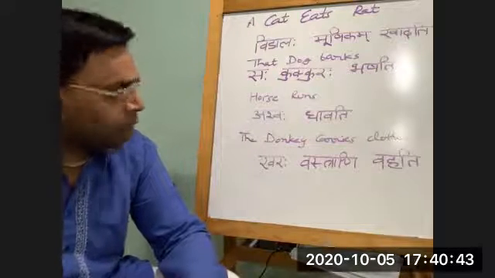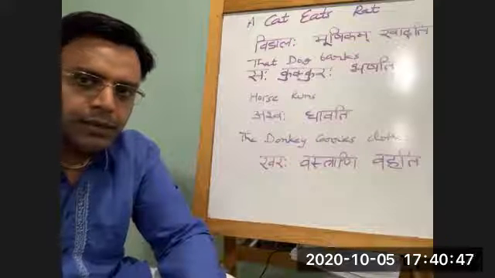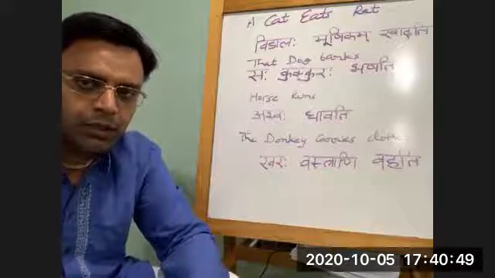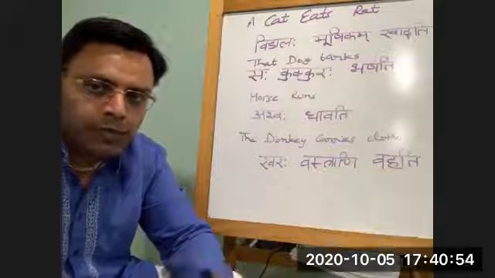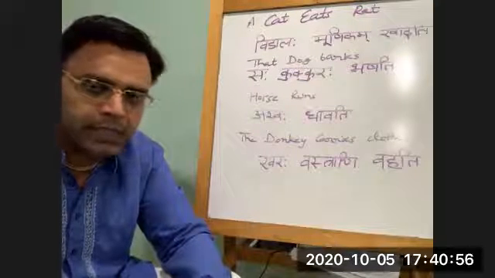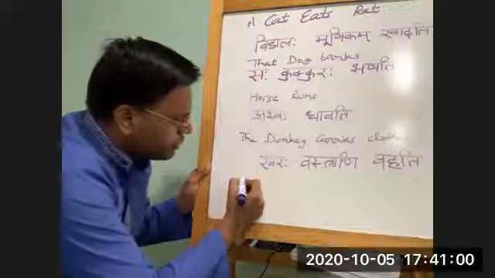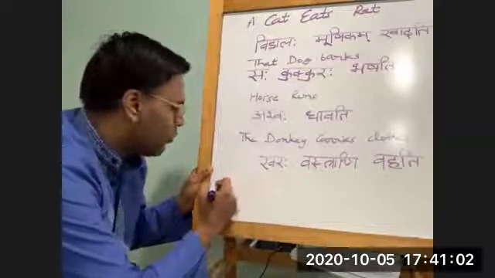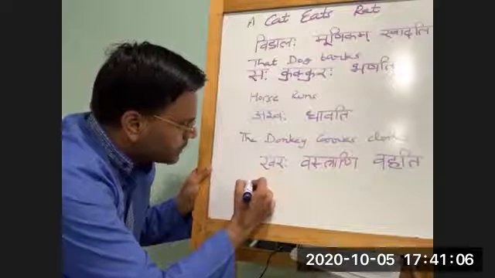And the lion walks. Lion is simha. Simha chalati. Or if you want to say the snake walks, snake is sarpa. Sarpa chalati. Should I write snake walks or lion walks? We'll do one of them. Okay, let's do snake.